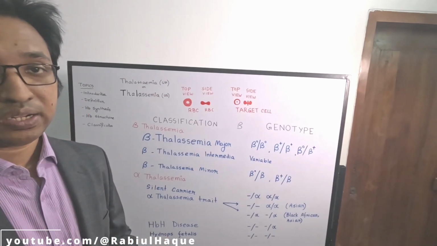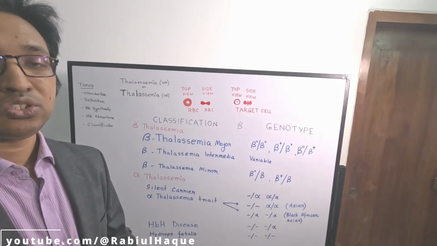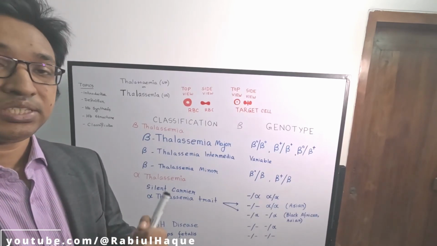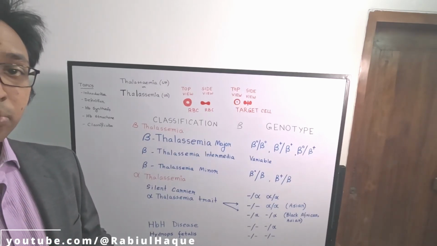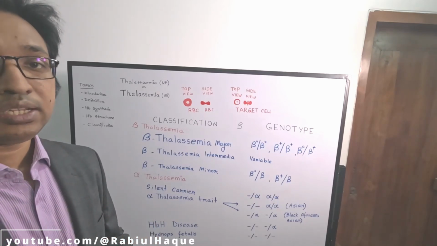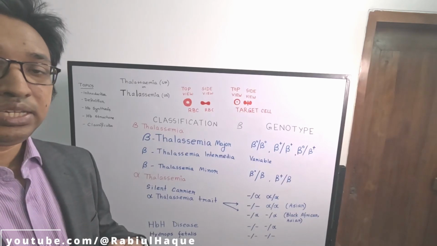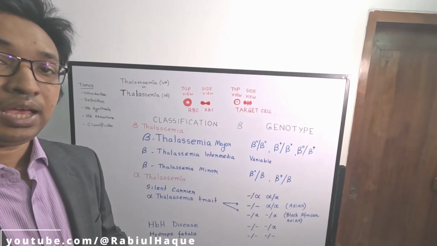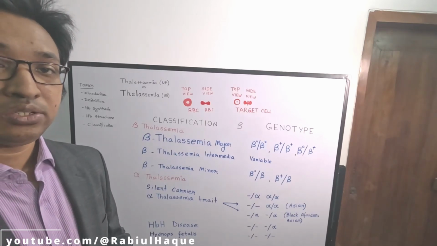In order to understand the genotype, we have to know about the gene that is responsible for making beta globin chain. Always remember, the gene responsible for making beta globin chain is located on chromosome number 11, and each chromosome number 11 has one gene that makes the beta globin chain.